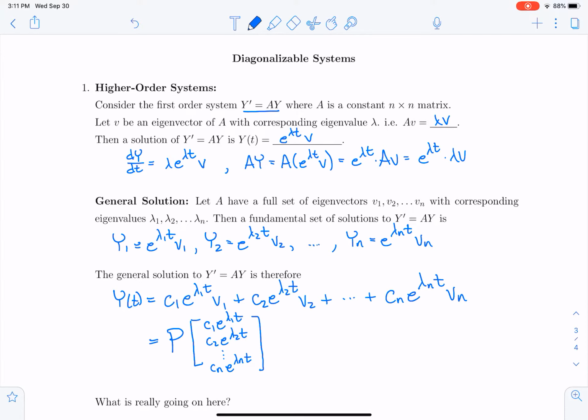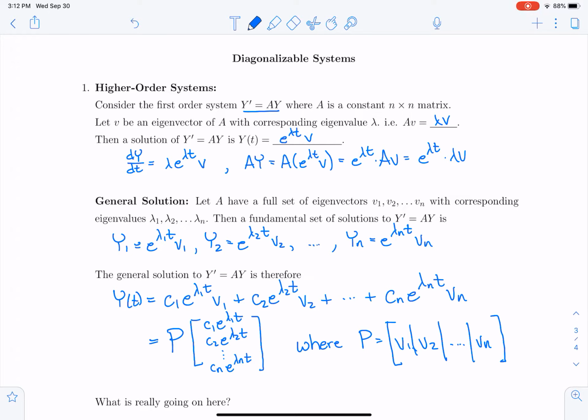And because of how matrix multiplication works, P must be the matrix whose columns are the eigenvectors v1, v2, all the way down to vn.